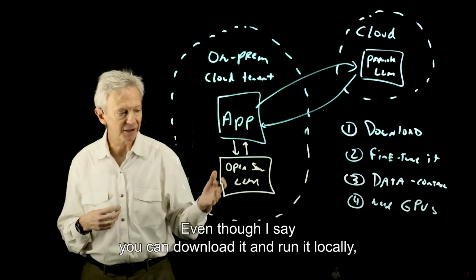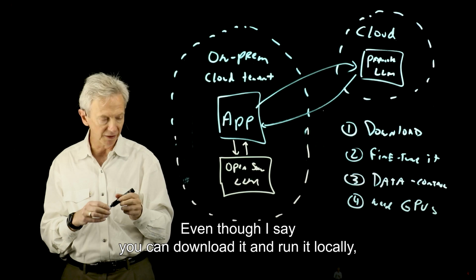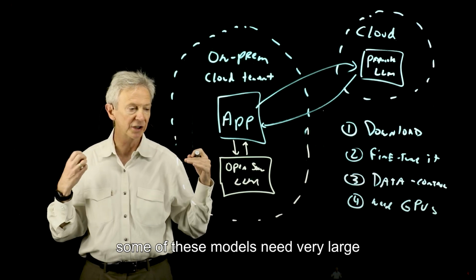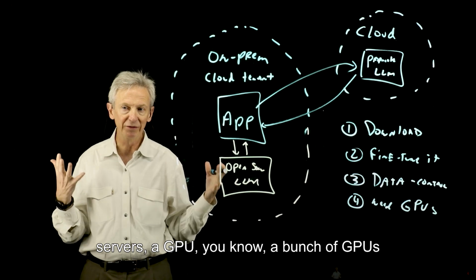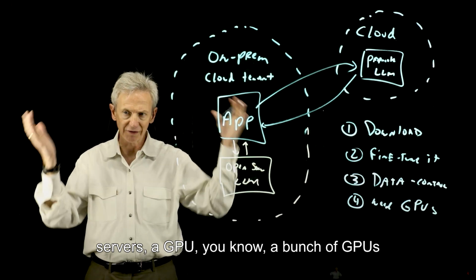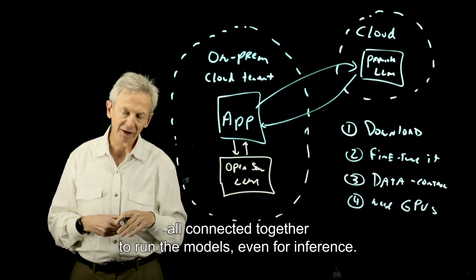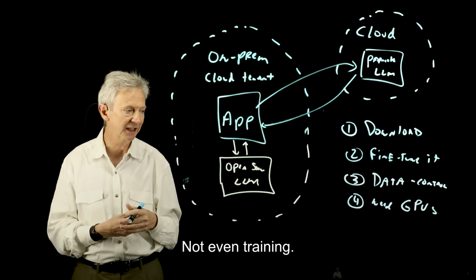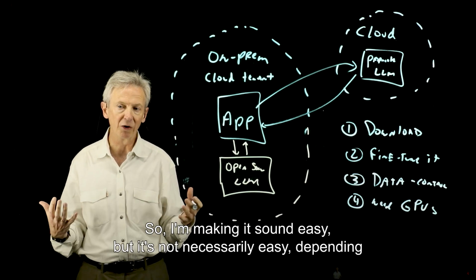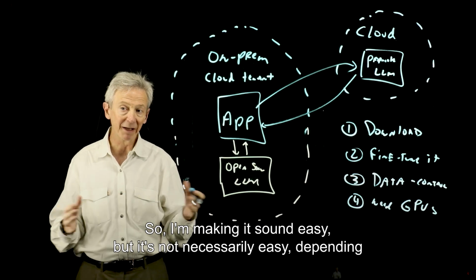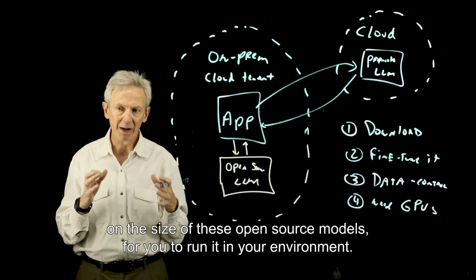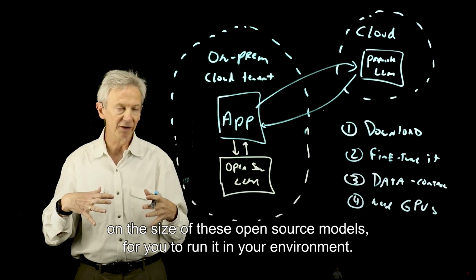Even though I say you can download it and run it locally, some of these models need very large servers, a GPU, a bunch of GPUs, sort of all connected together to run the models, even for inference, not even training. So I'm making it sound easy, but it's not necessarily easy, depending on the size of these open source models, for you to run it in your environment.